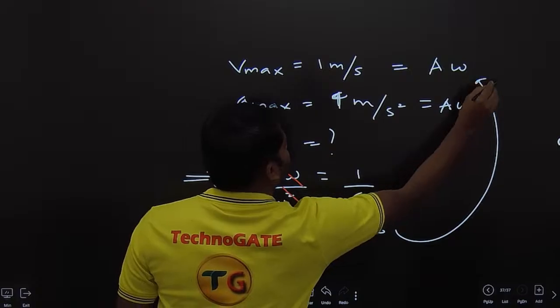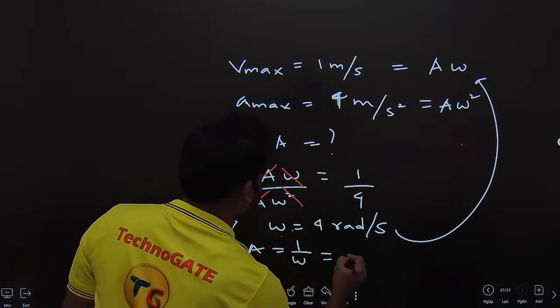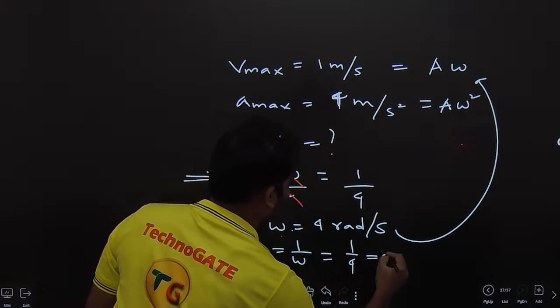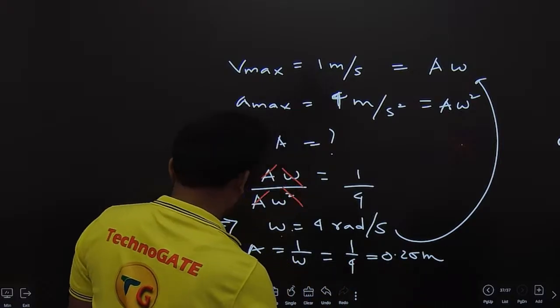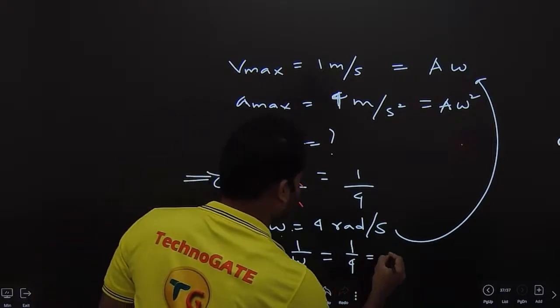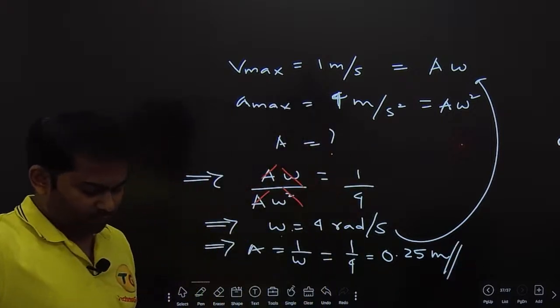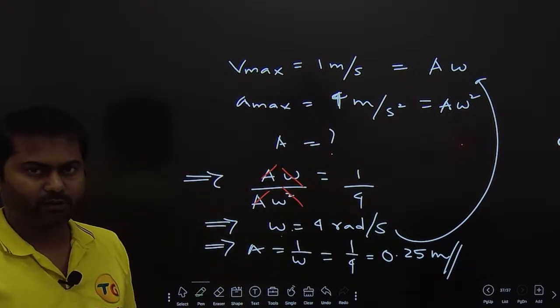Substituting, A is equal to 1 by omega, which is 1 by 4, equal to 0.25 meters.